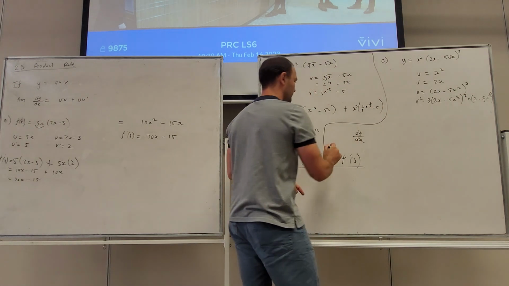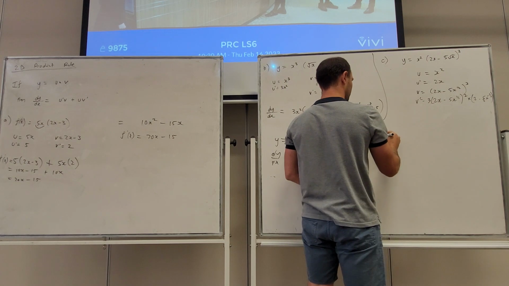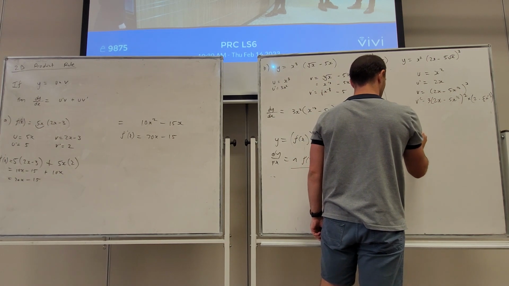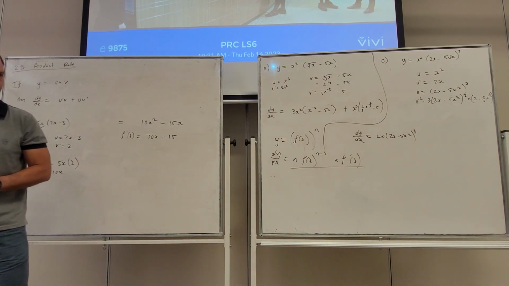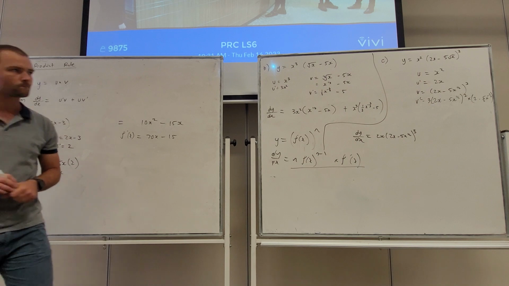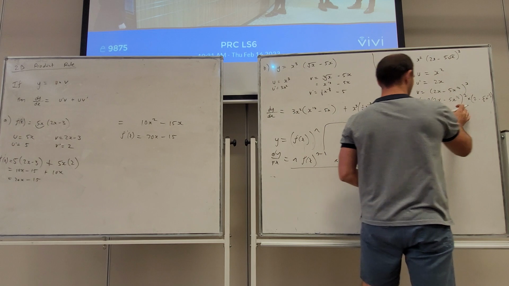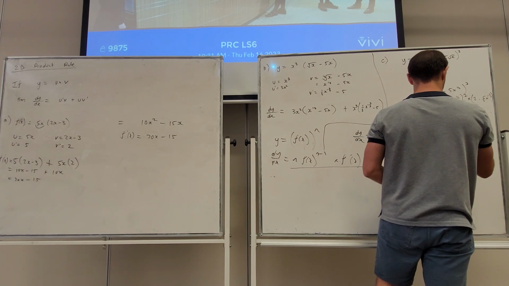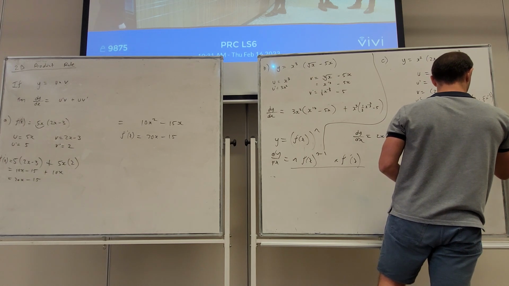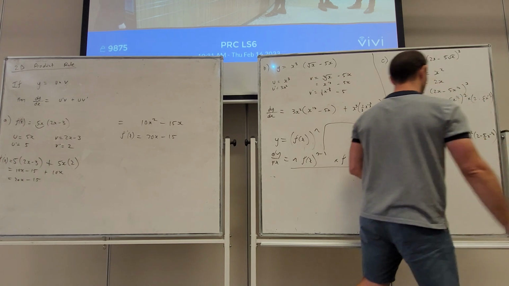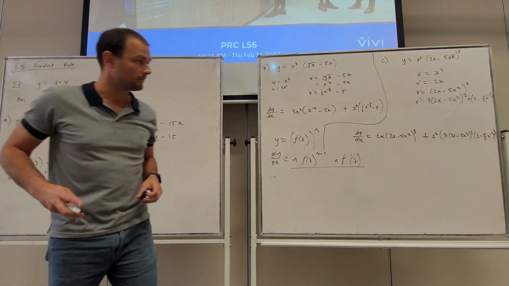Alright, pencil that off. dy and dx equals u dash v plus u v dash. Alright, so you can see what a clunky mess that is. So we definitely won't simplify that one.